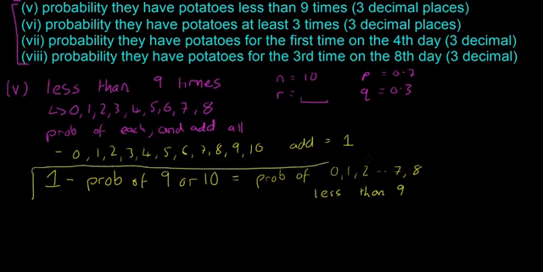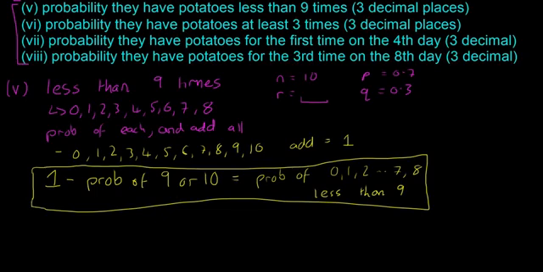We're looking at less than 9, but it's a really important case, and you need to remember this, because it can come up again and again. Part 6, the probability they have potatoes at least 3 times, uses sort of the same method. So you need to remember that 1 minus the probability of something is equal to the probability of something else. It's a kind of handy trick. You only have to calculate the probability of them having potatoes 9 and 10 times instead of doing 0, 1, 2, 3, 4, 5, 6, 7, 8, which will just save you a lot of time.